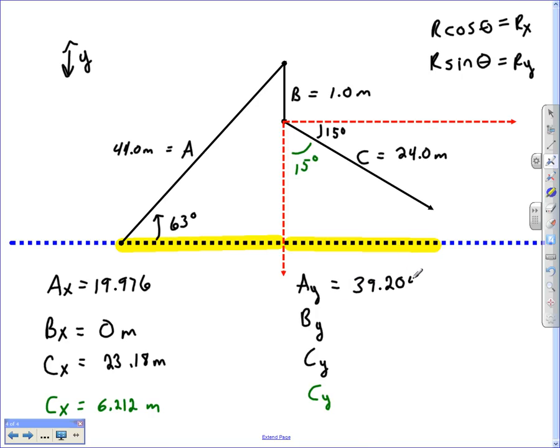Remember, I use more decimals when I'm actually working my problem, and I round at the end, just to keep things as accurate as possible. But my final answer should reflect proper significant figures. And this distance here, 39.204 for AY, would be this full distance here.